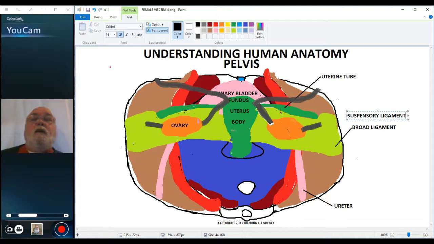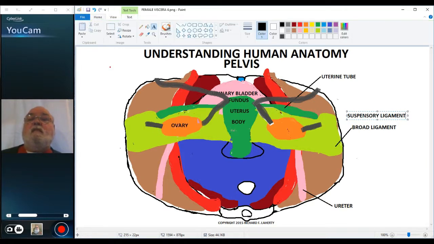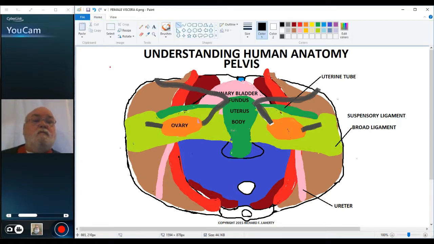The suspensory ligament, and again, this is the mesentery of the ovary.